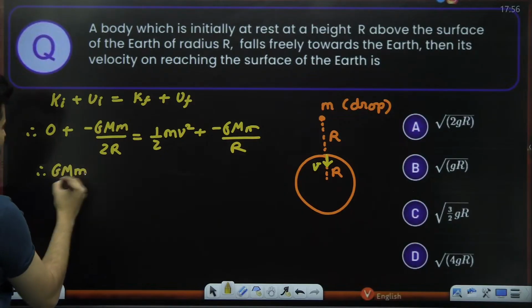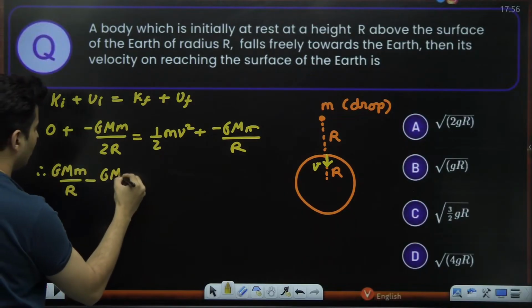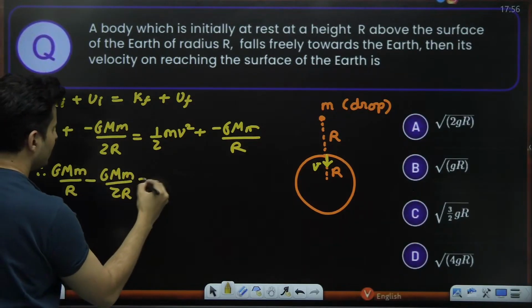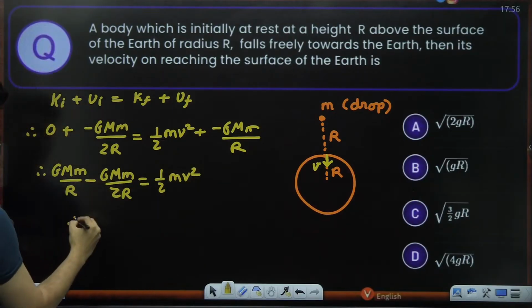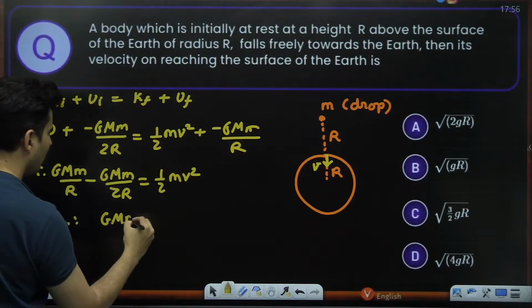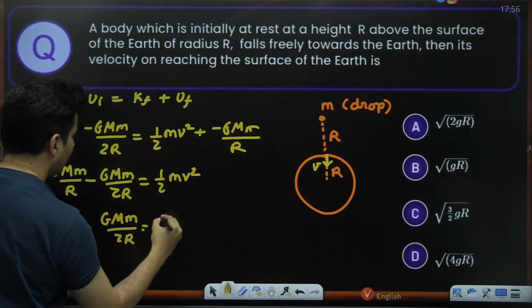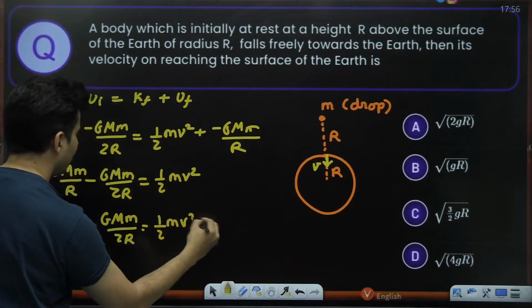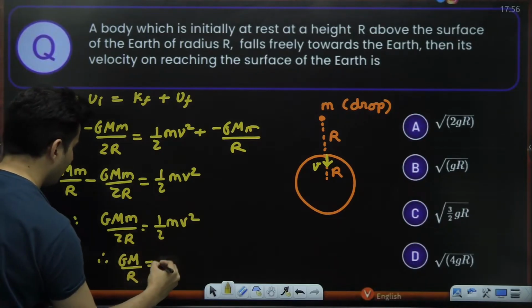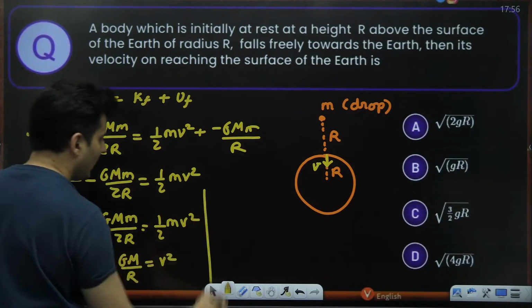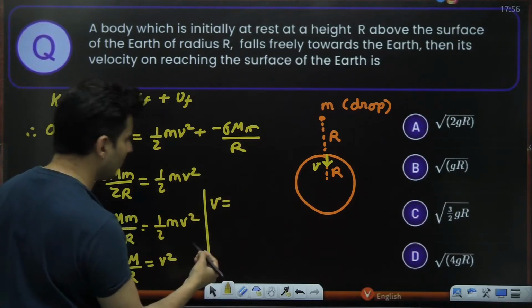So GMm divided by R minus GMm divided by 2R is equal to half mv square. So 1 minus half is half. So it will become GMm divided by 2R is equal to half mv square. M by 2 cancels. So GM by R is equal to v square.